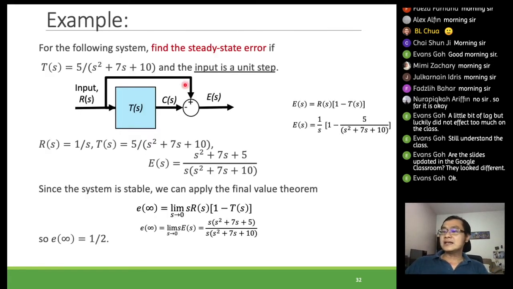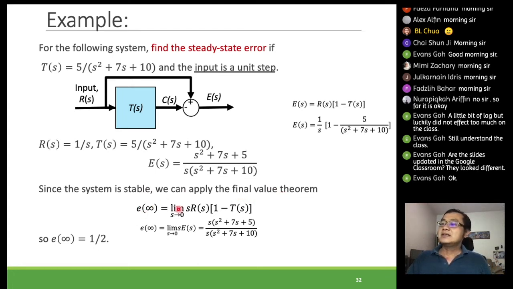So let's look at an example. For this system, try to find the steady state error given that the transfer function is as such, and we are applying a unit step input. Here is the block diagram, and we just have to replace them into the equations. We know that if the system is stable, then we can apply this final value theorem.